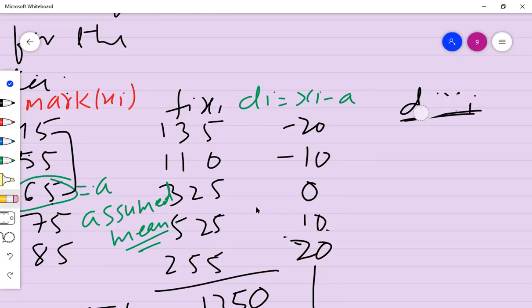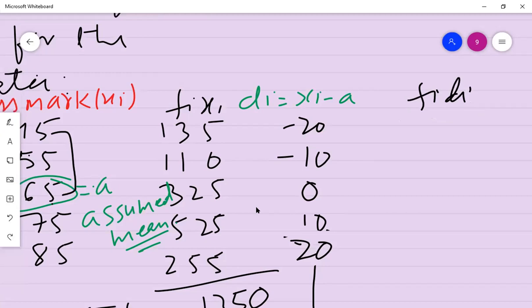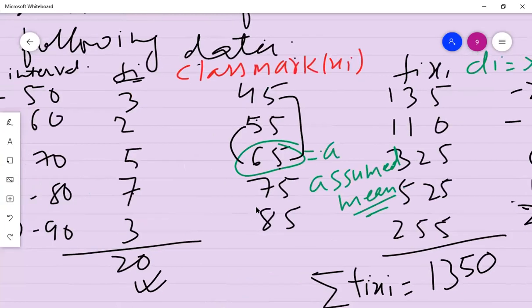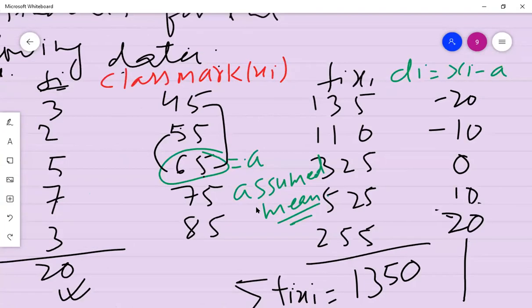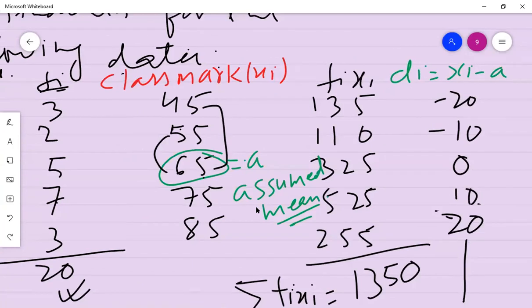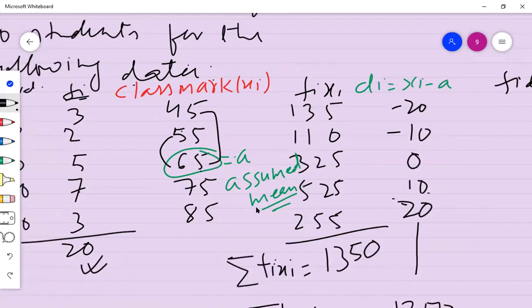It is actually fi di, frequency into di. The frequencies were 3, 2, 5, 7, 3. So this will be 3 into negative 20, negative 60, 2 into negative 10, negative 20, 5 into 0, 0, 7 into 10, 70, and 3 into 20 is 60.